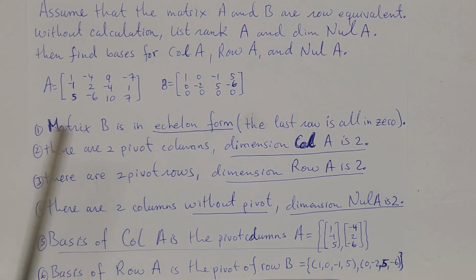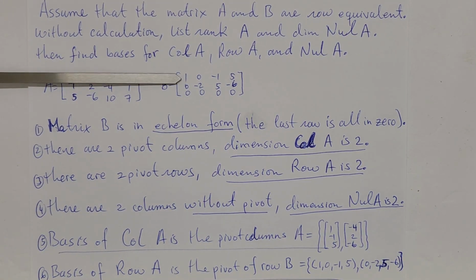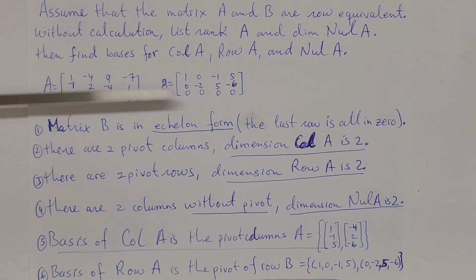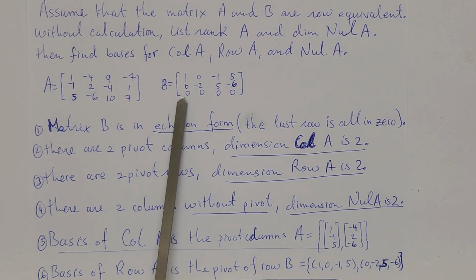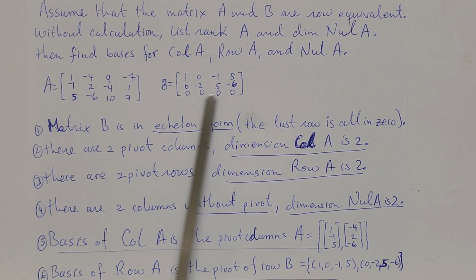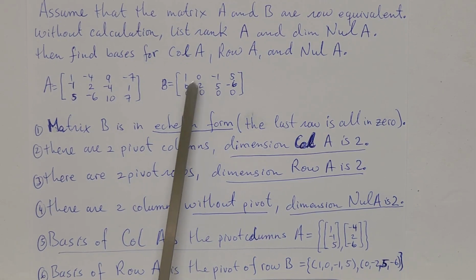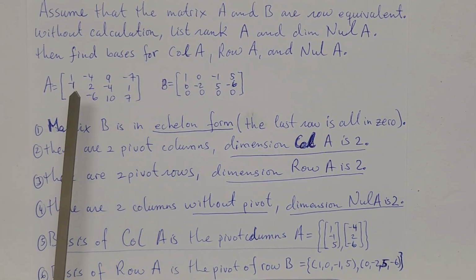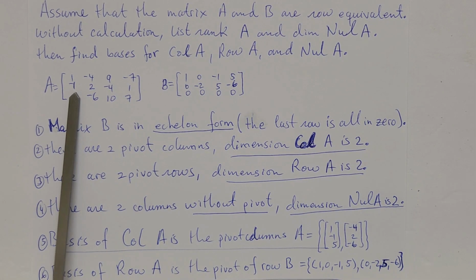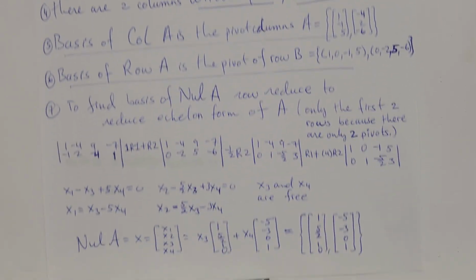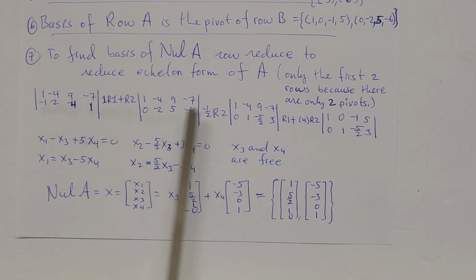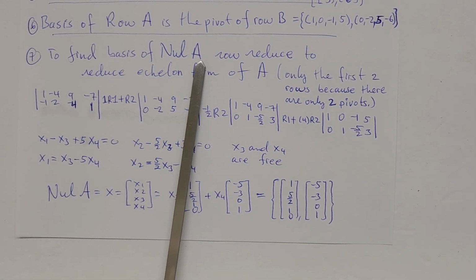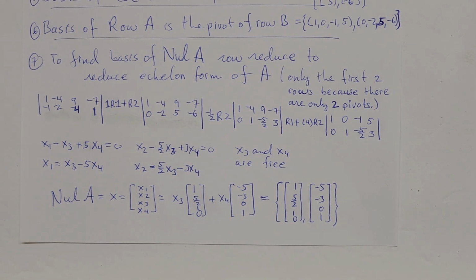There's a pivot here, there's a pivot here, so we will not include the third row. But we're not using the B matrix, we are using the A matrix, because it is asking for null A.